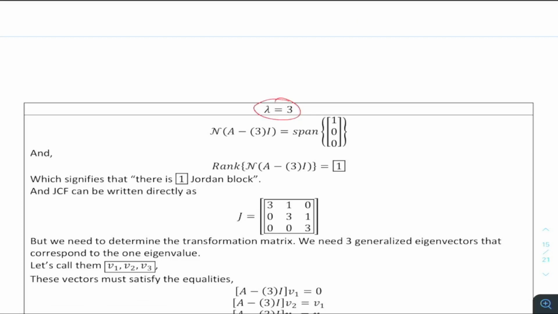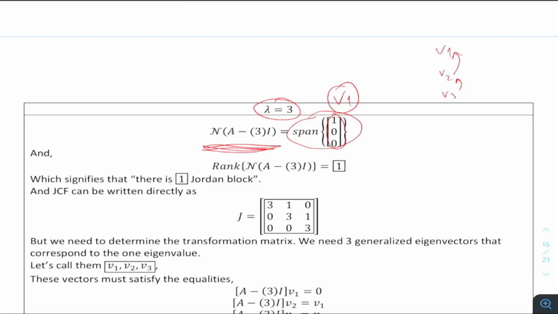Here, by using this expression, we can conclude 1, 0, 0, or rather e1. So e1 is the proper eigenvector, and we can call this v1. Again v1, v2, v3.